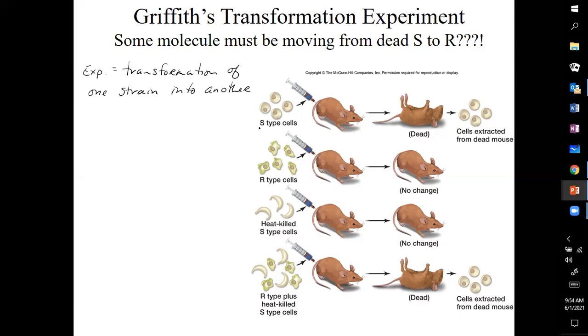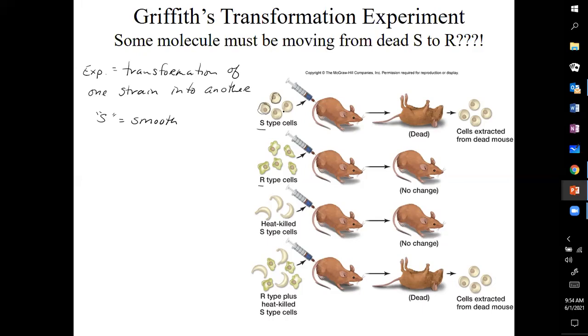Well, here are the two different strains. There's an S strain and an R strain of bacteria. So the S strain stands for smooth. It's a smooth strain of E. coli. And it's smooth because it has a lipid coat surrounding it. And it's a pathogenic bacteria that causes pneumonia.